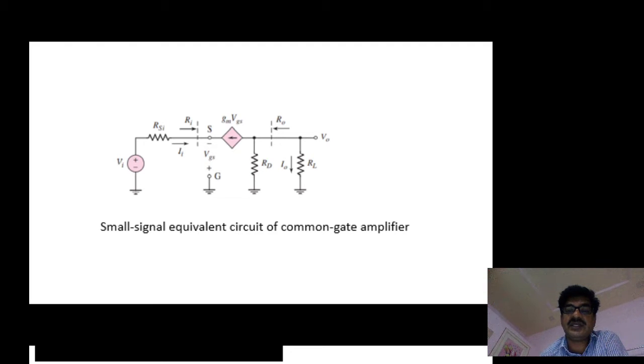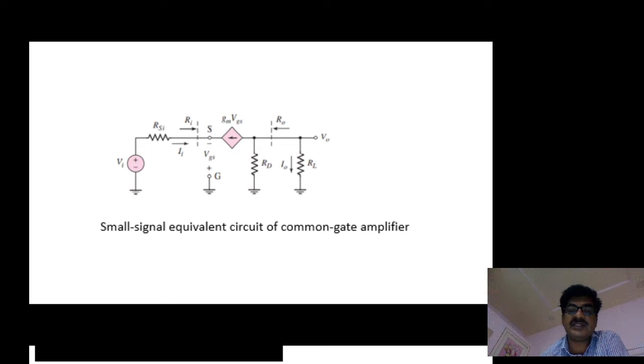Input is at the source, output is from the drain terminal, and between drain and source there is a current source gm VGS. Between source and gate no component is present, so it is treated as an open circuit. The rest of the components are from the amplifier circuit.